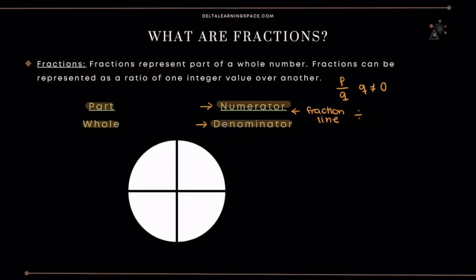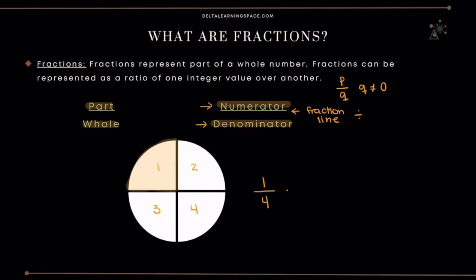Now let's take a look at a graphic to represent fractions. Here we have a circle cut into 4 equal pieces. And so the 4 pieces will make up the whole, and that will be our denominator. If I were to shade one part of this circle, I would have 1 out of the 4 pieces shaded, and my part would be 1 located in the numerator spot.